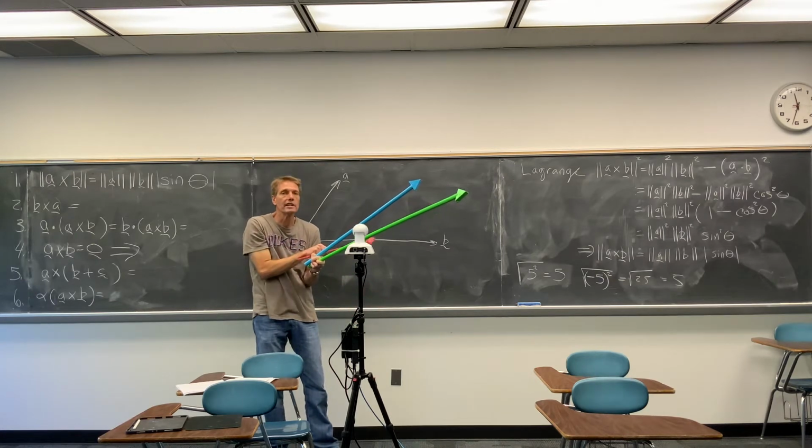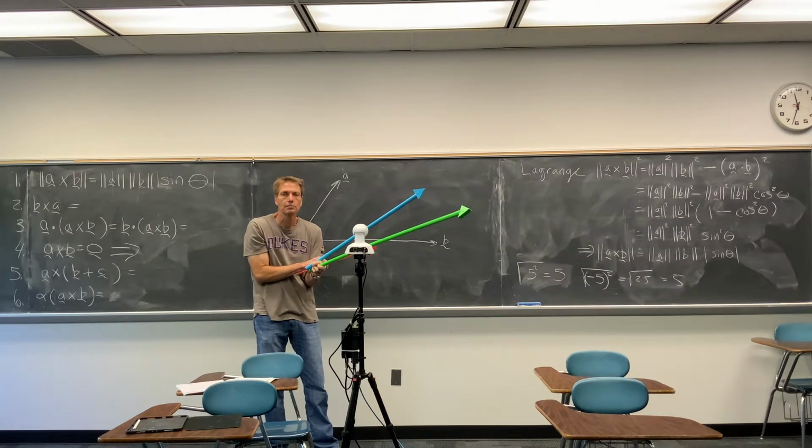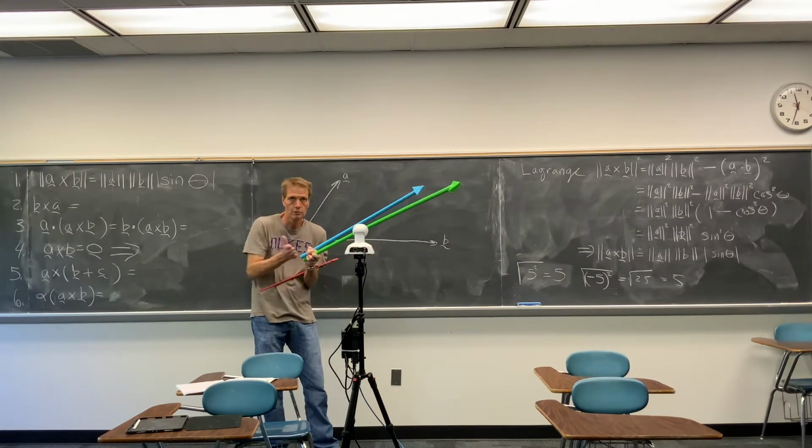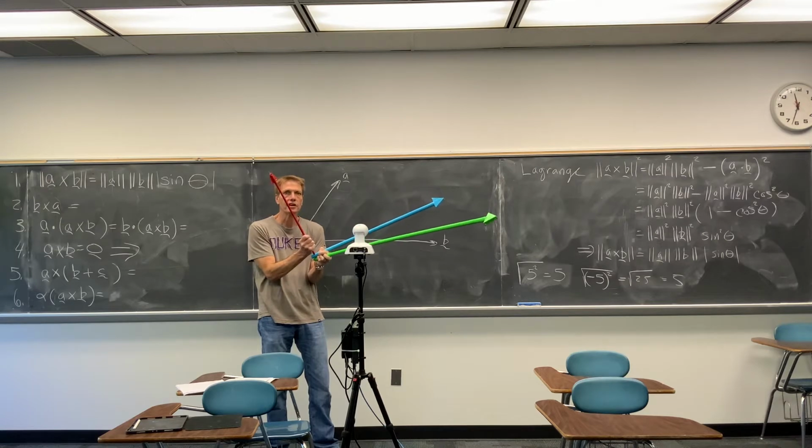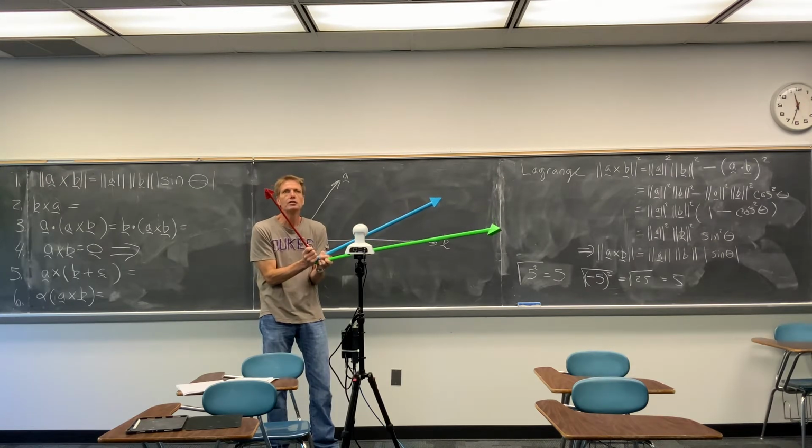Now, if I did green cross blue, you'd put your right hand on the green vector and swing it towards the blue, and we're at that orientation right there. The red vector is perpendicular to the plane that has the blue vector and the green vector.